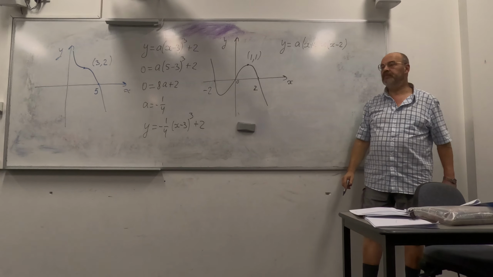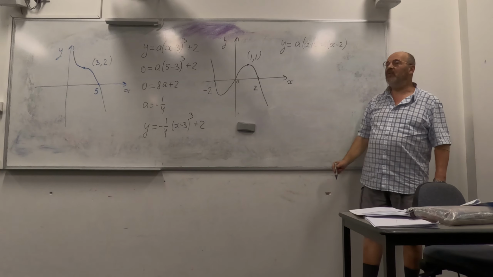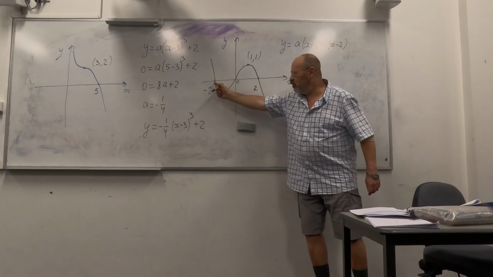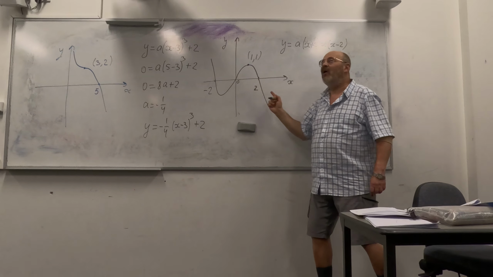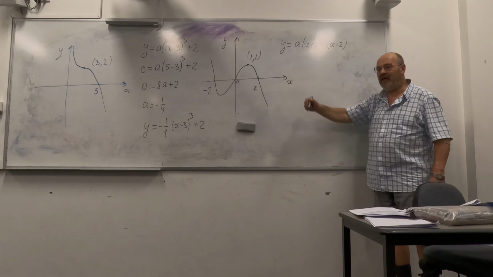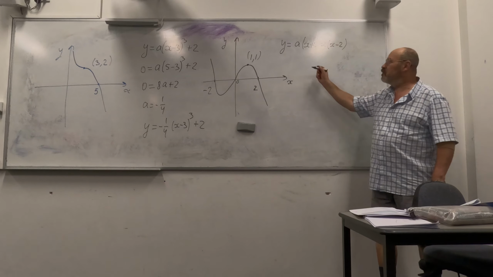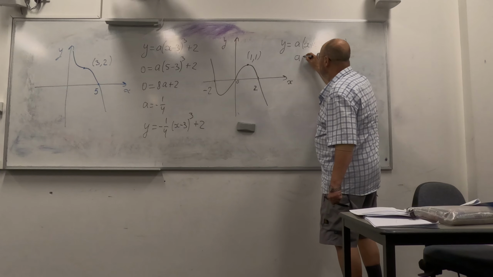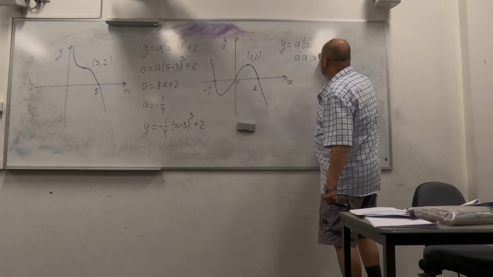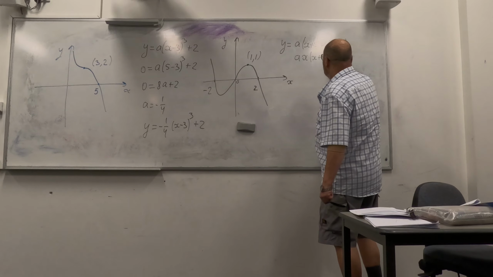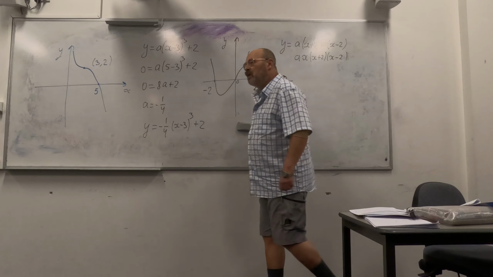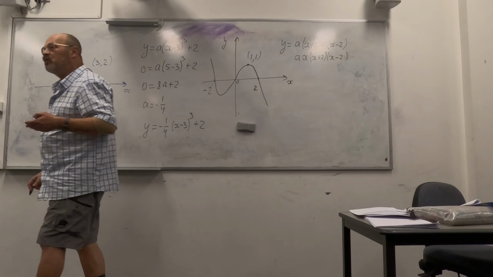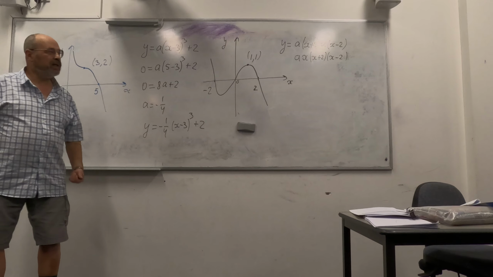Can it be ax? Yes, I was just going from left to right. It can be, of course, it's more proper to write x at the front. So writing it in a more proper way, y equals ax, x plus 2, x minus 2. I was just using the x-intercepts going from left to right.